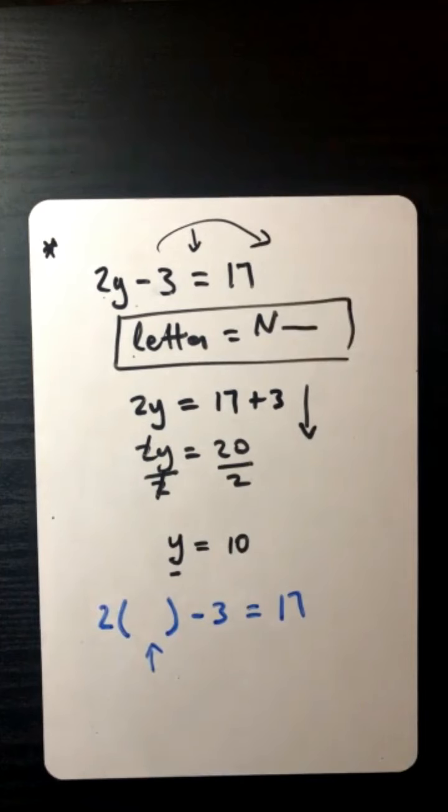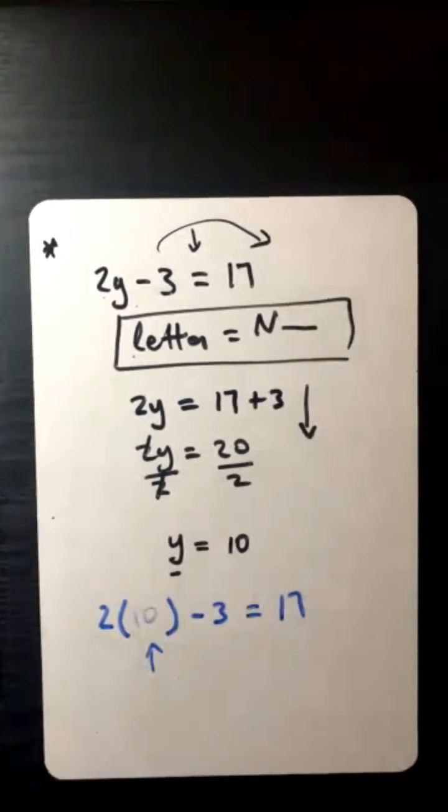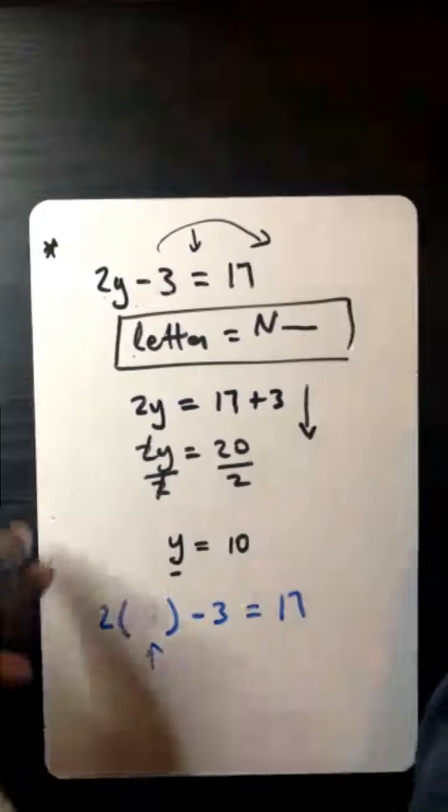So what answer are you getting when you substitute over there? So since 2 and in the brackets goes 10, minus 3 gives me positive 17. 100%, which means that positive 17, it is the correct answer for that problem.